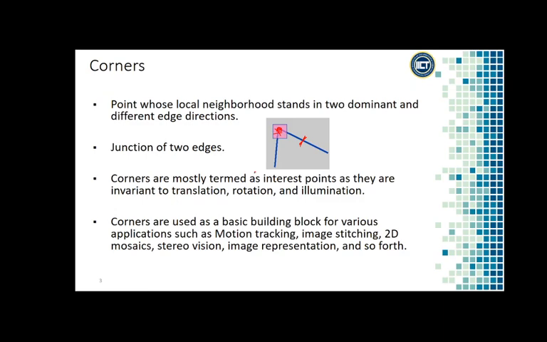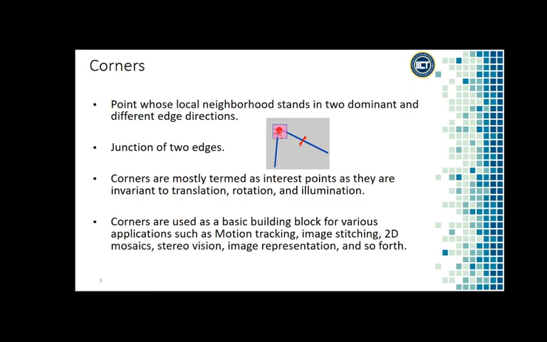But why are they helpful? Because they are considered as interest points. They are kind of unique textures or unique patterns which are easy to match and track. And of course, they are invariant to translation.